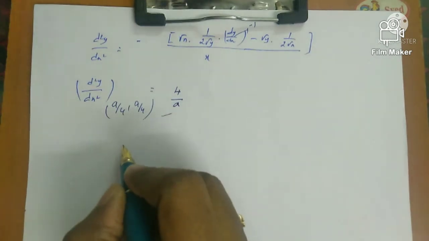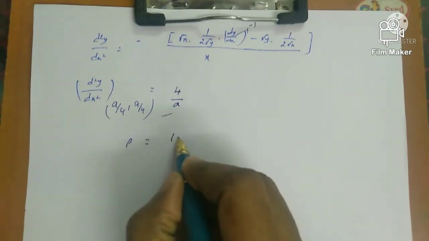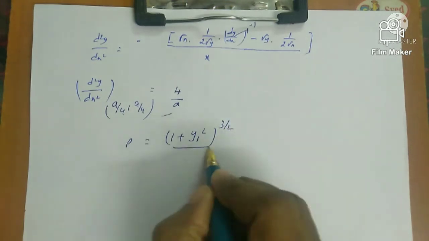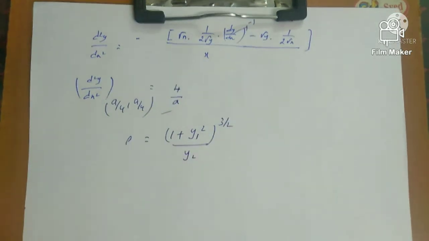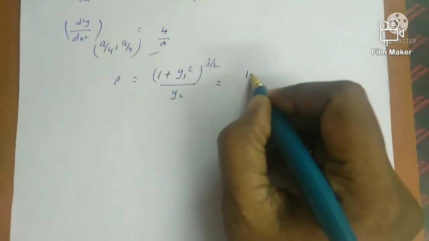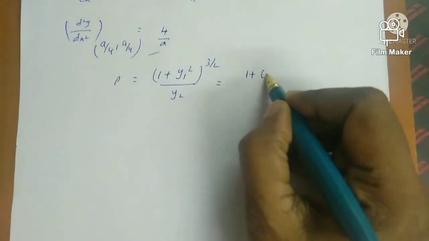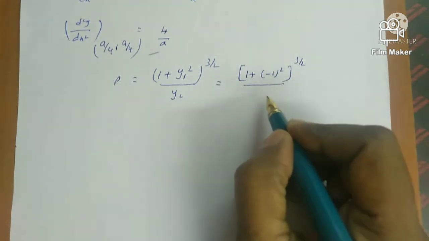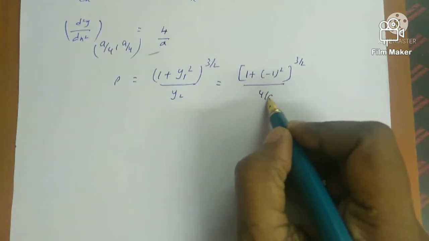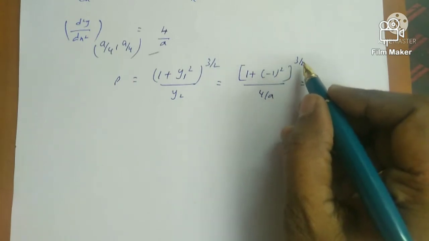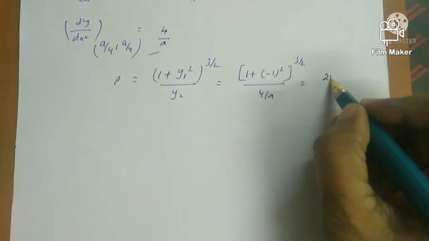Now we know the formula for rho. Rho is equal to (1 plus y1 square) whole power 3 by 2 divided by y2, where y1 is dy by dx and y2 is d square y by dx square. So that is 1 plus (dy by dx is minus 1) square, whole power 3 by 2, divided by y2, and y2 is 4 by a. 1 plus minus 1 whole square is 2, so 2 power 3 by 2 is 2 root 2.